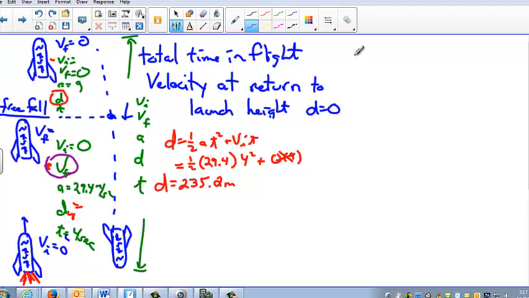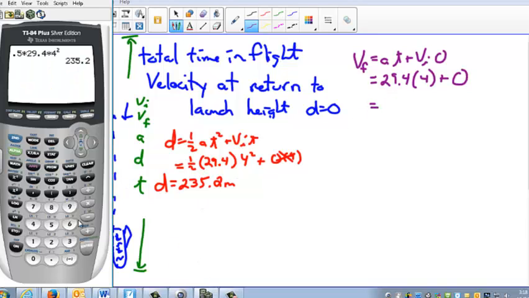So I'll use equation number 2, Vf equals At plus Vi. Substituting my knowns, the acceleration of 29.4 meters per second squared times a time of 4 seconds, plus again an initial velocity of 0.